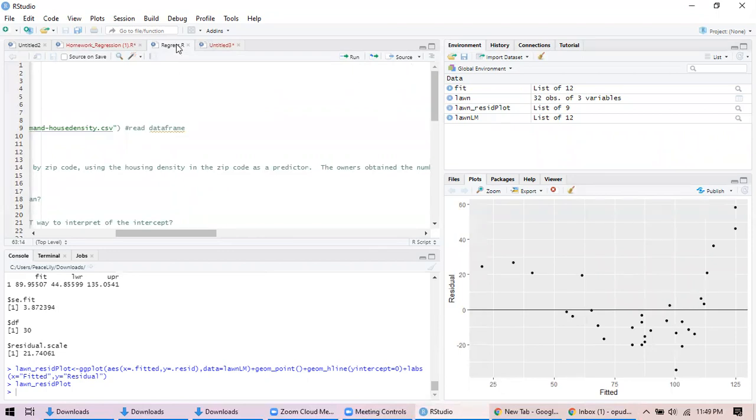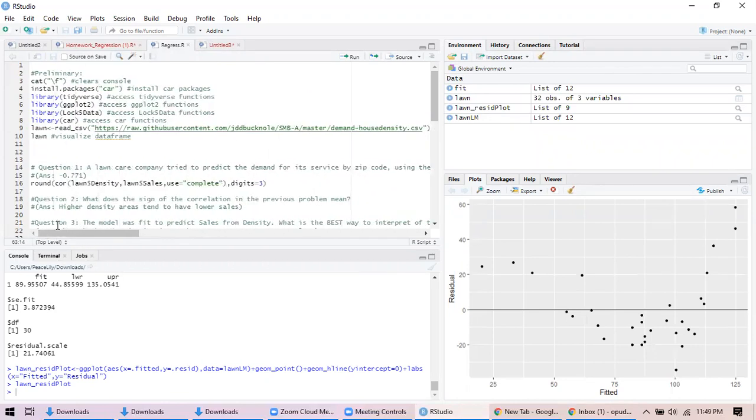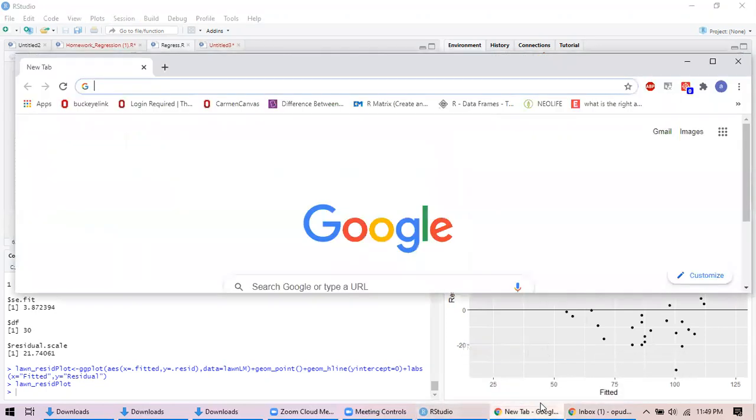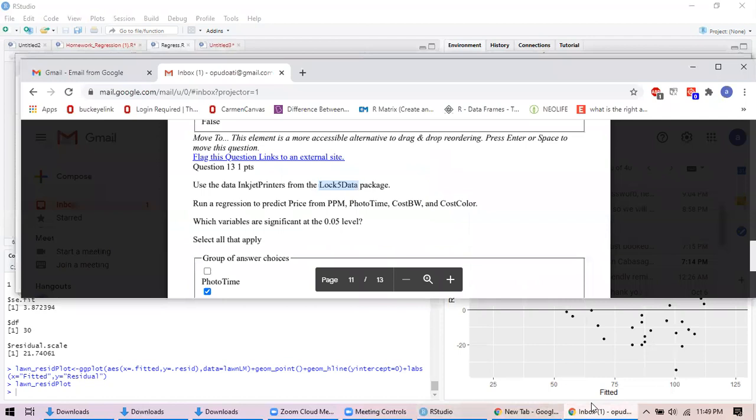Find question 12. Yeah, we're in question 12 now, right? Or 13? We are on 13. Okay, copy. If you look at number 13, go to the R again, my R homework regression one. Okay, go to your R.